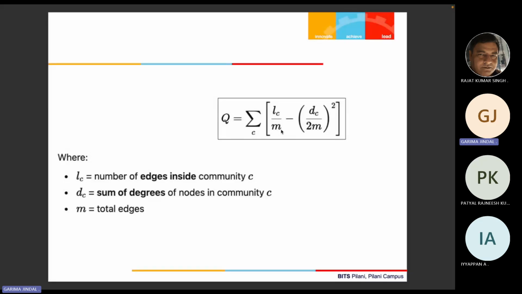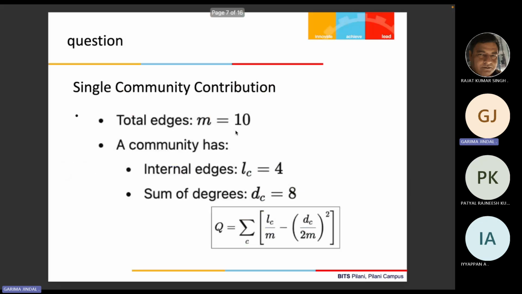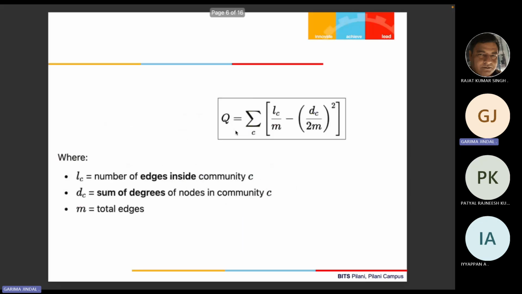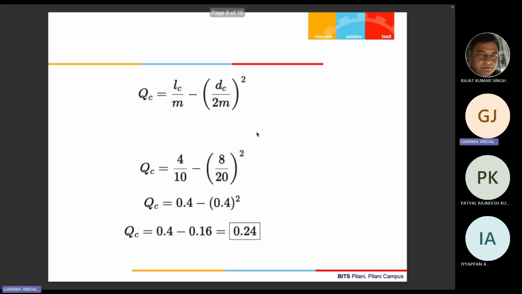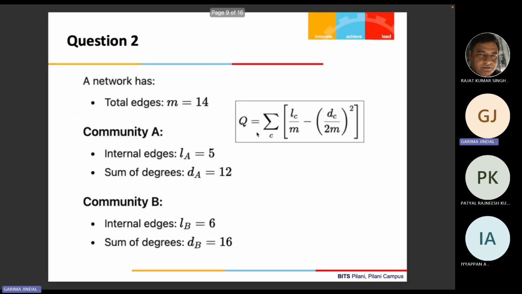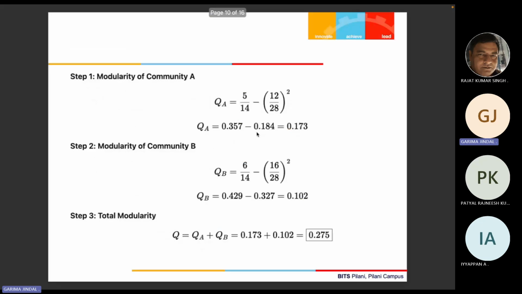Then M is the total number of edges, and DC is the sum of the degree of nodes in the community. So using this formula, you can calculate the modularity of a particular community. And the modularity of the entire network will be the summation of the modularity of all the communities. Okay, so this is an example of how you calculate the modularity value.